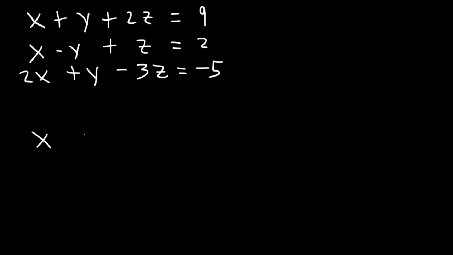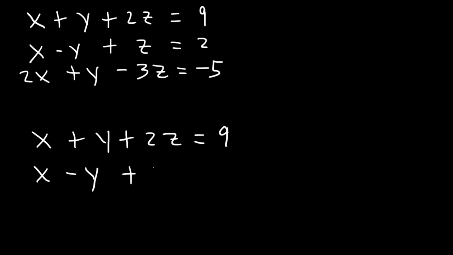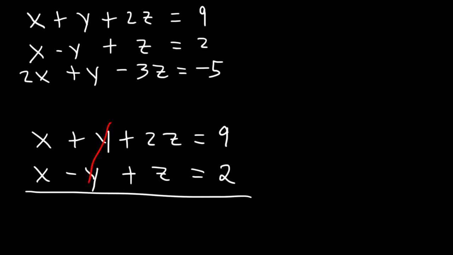So let's add x plus y plus 2z with x minus y plus z. So the y variables will cancel. x plus x is 2x. 2z plus z, that's 3z. 9 plus 2 is 11. Now let's save this equation. We're going to use it later.